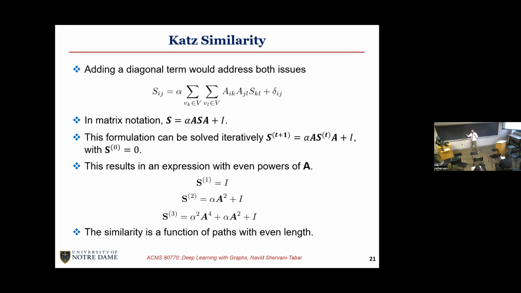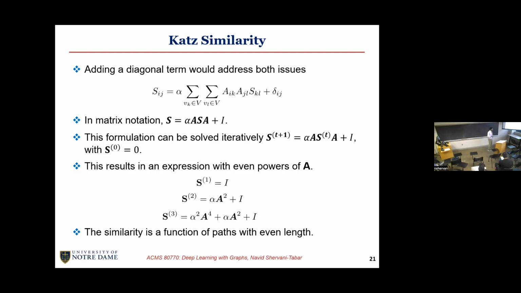This means that for finding the similarity between 2 nodes, I'm looking at how many paths of even length are connecting these 2 nodes. So if there are a lot of paths of even length that connect 2 nodes, it means that they're similar. But why just even? That doesn't make any sense. If 2 nodes have too many paths of odd length, then they're not similar, right? So that idea doesn't really make sense.